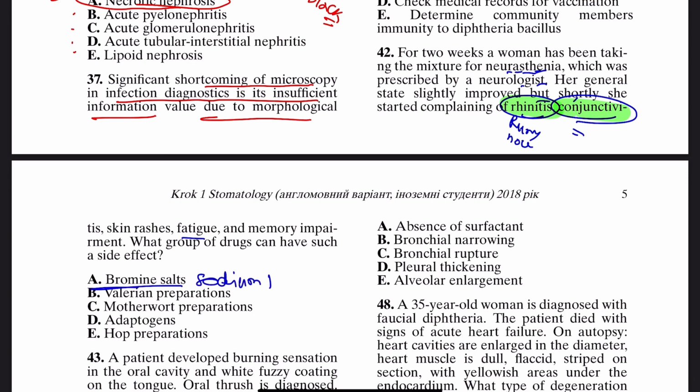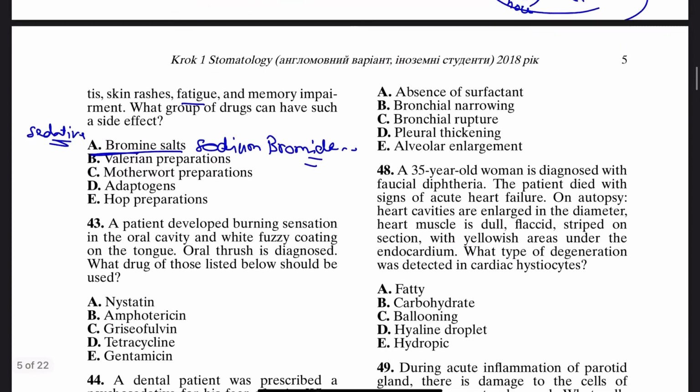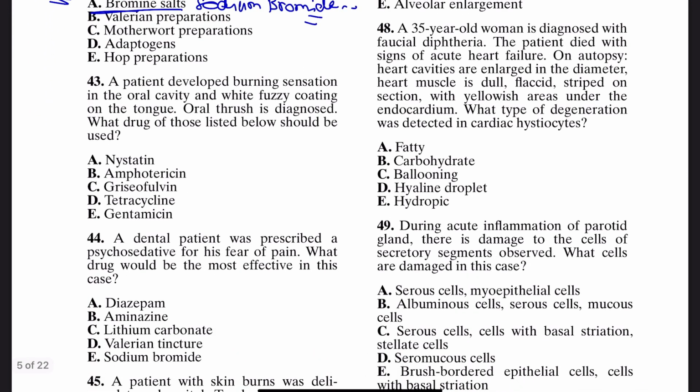This is a drug, and they always ask the same question: it's a sedative drug, first of all. And its side effects are classical rhinitis and conjunctivitis. Oral thrush is candidiasis, a fungal infection of the tongue, and we use nystatin for it, an antifungal.